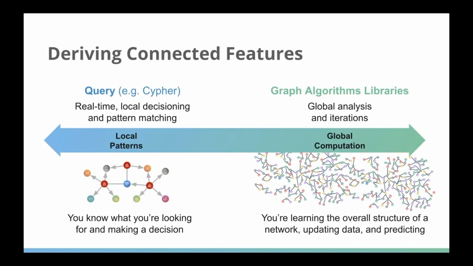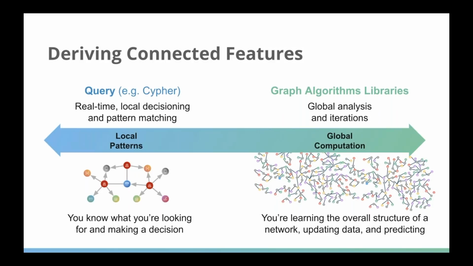We've got 2 ways that we can derive those features. If you've attended any of Neo4j's previous webinars, you're probably quite familiar with the left-hand side of this diagram. These would be features that are generated from a Cypher query. They're often locally based queries, and they use a pattern matching sort of approach. So it might be, hey, I want to start from a person and explore something around there, and in this case, we want to come up with a number that we can use.